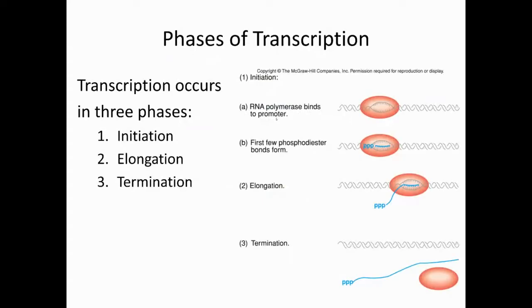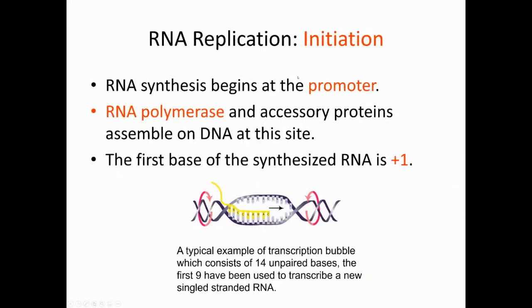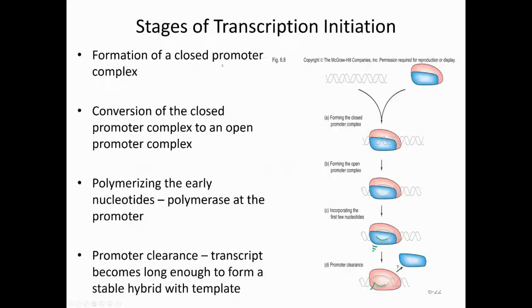Of course, transcription has initiation, elongation, and termination. For the initiation, the RNA synthesis begins at the promoter. First, when the polymerase comes to the promoter with the sigma factor, it finds the promoter region of -10, -35 and forms the closed promoter complex.